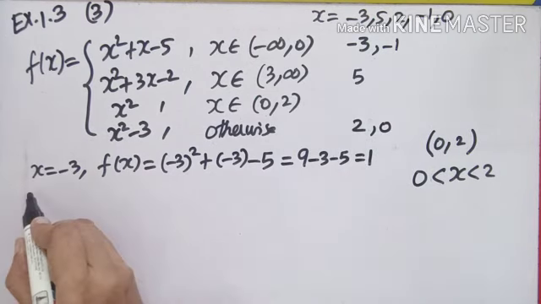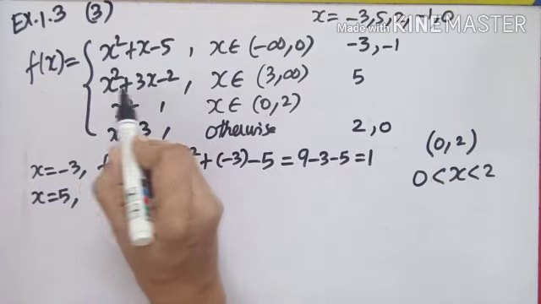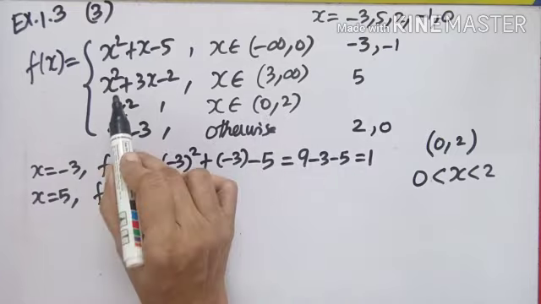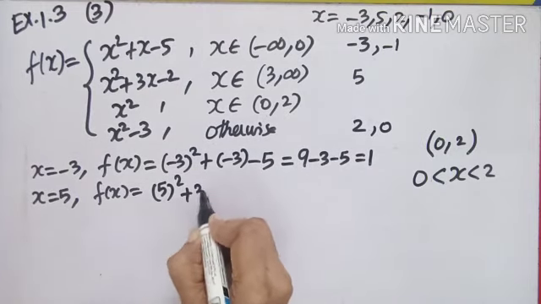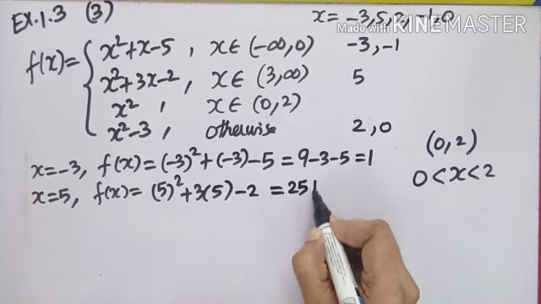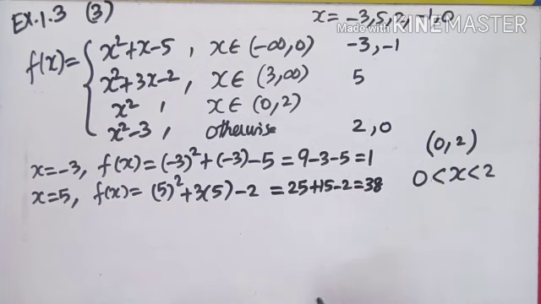Next substitute x is equal to 5. 5 will come in this interval. F of x is equal to x square, that is 5 square, plus 3 into 5 minus 2, or I get 25 plus 15 minus 2, that is 38.